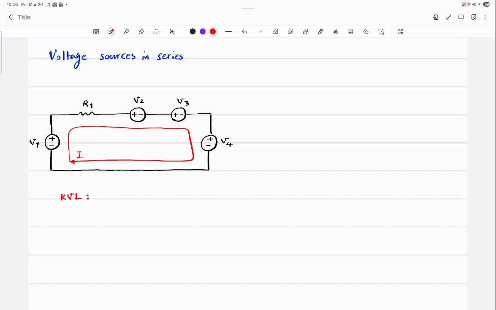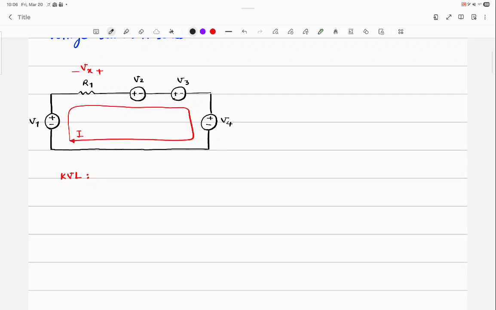I'm going to call the current I and call this Vx. Okay. Start from that side this time.